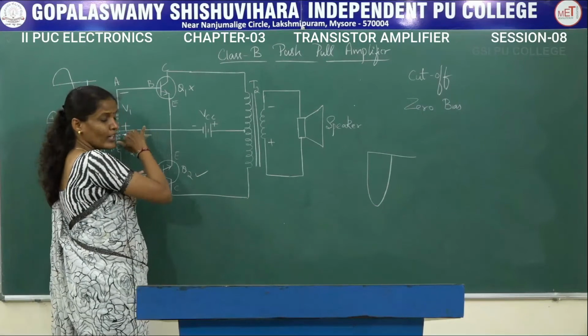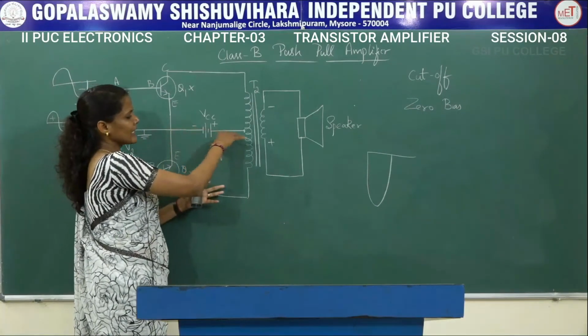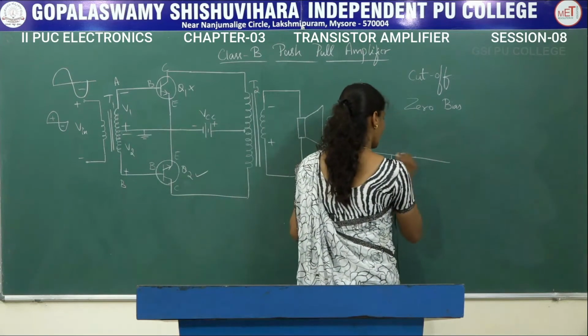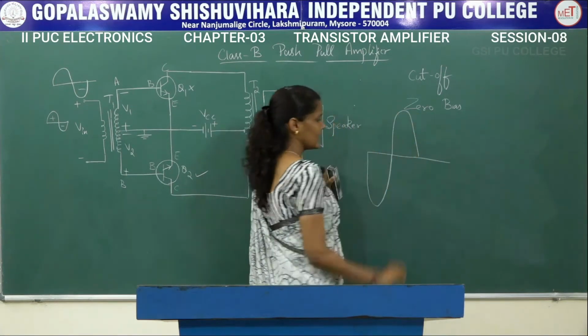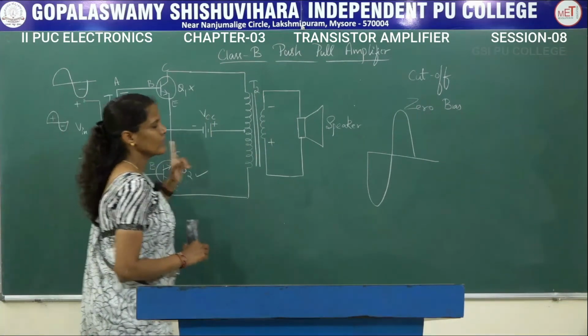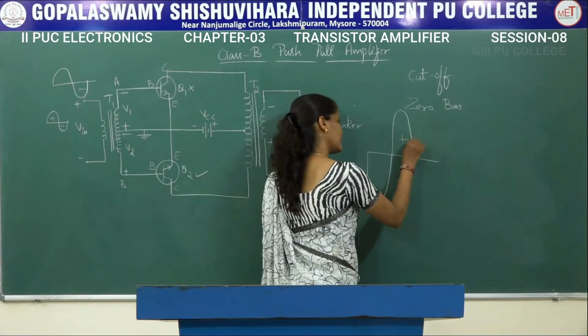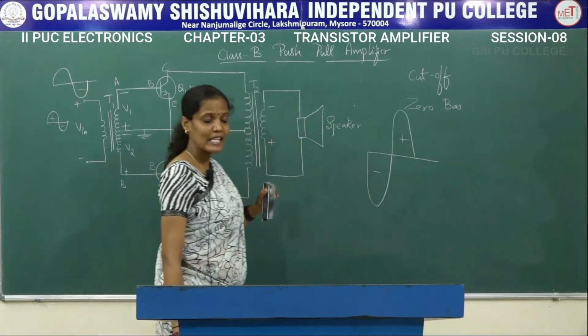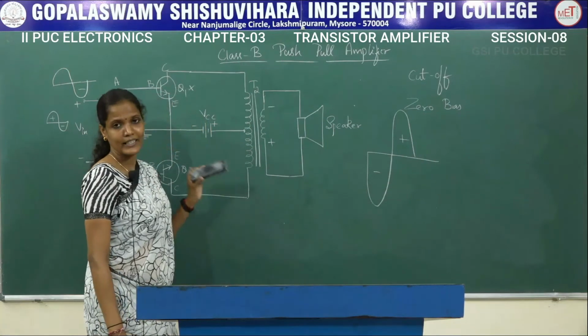So for the negative half cycle we will be getting an output across the load, but again it will be in the inverted form but in the amplified version. For the negative half cycle we are going to get a positive amplified version. For the positive half cycle at the input we are going to get the negative half cycle at the output.